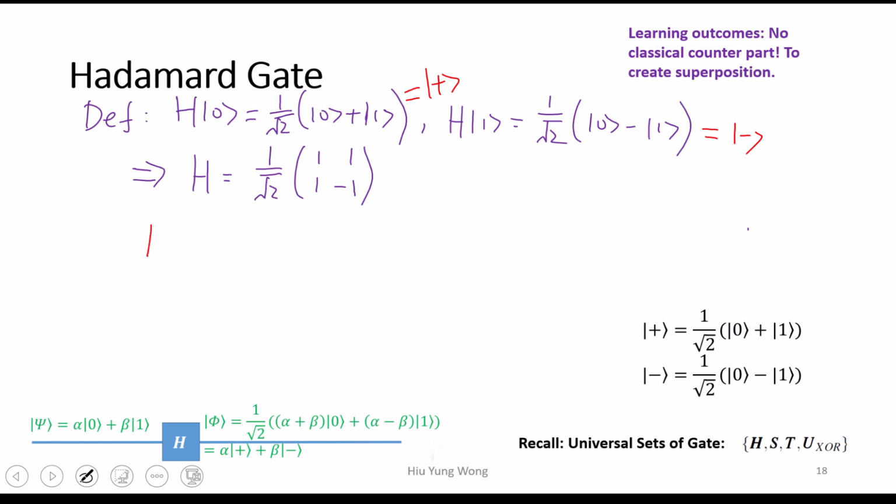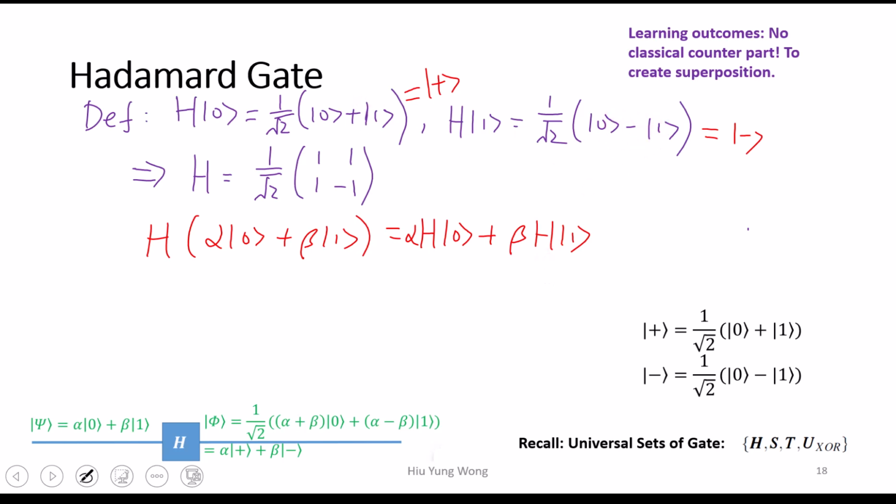Okay, so if I have a Hadamard gate applied to a general state, what will I do? Of course you can say, okay, this is equal to alpha H applied to 0 plus beta H applied to 1, and then you substitute H0 as this whole thing, and H1 as this whole thing, right?